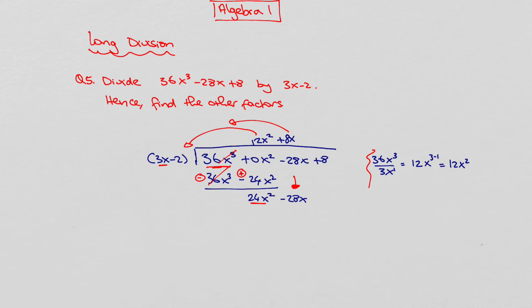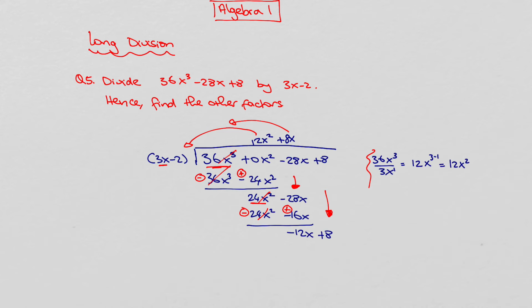So 8x by 3 is 24x squared, 8x by 2 is minus 16x. And then I'm subtracting, so I'm going to change the signs. And I have minus 28x plus 16 gives us minus 12x. And then I bring down my 8 again.